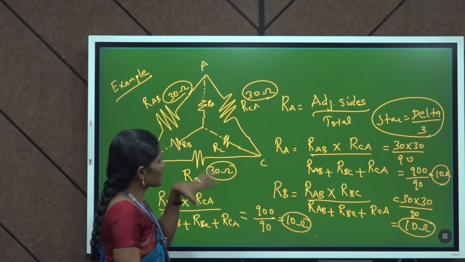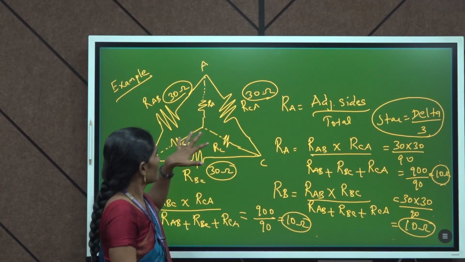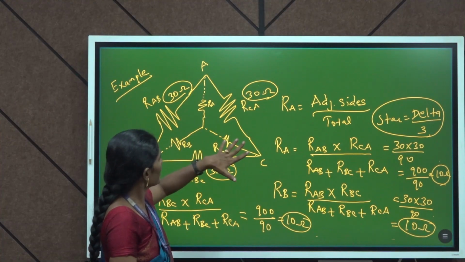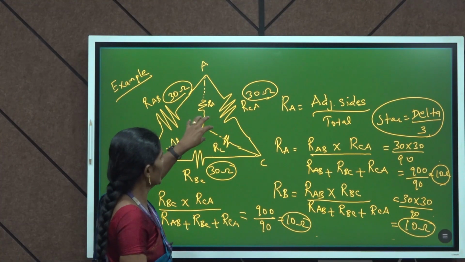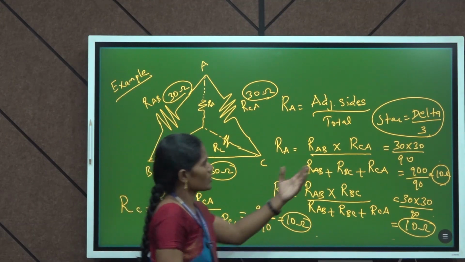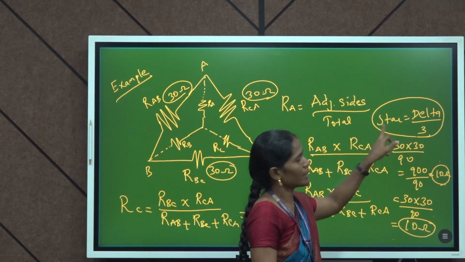By using this principle, we can find the delta resistance also by using the same amount of star resistances. In this example, we can assume this 30 comes under star, and it will give the delta resistance of 90. So, this formula will be converted into delta resistance equal to 3 into star.